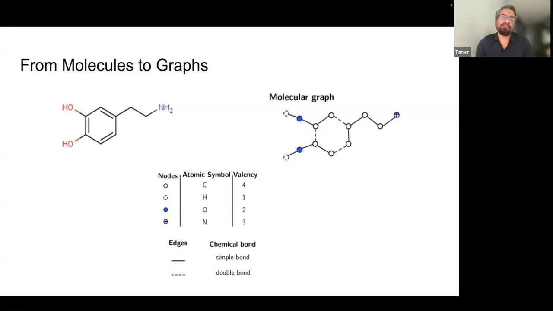But in essence, what's happening first is we convert a molecule from a chemistry representation into a computational representation using graph theory, by using node labeling for atoms, and for bonds, we define them as edges.